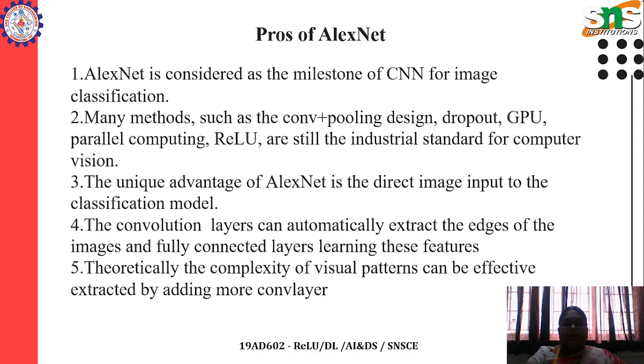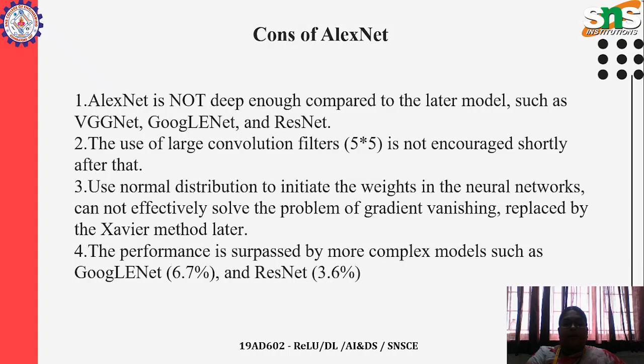Theoretically, the complexity of visual patterns can be effectively extracted by adding more convolutional layers. One of the cons is that it is not deep enough compared to other models like VGG, GoogleNet, and ResNet. These two, ResNet and VGGNet, I'll be discussing in my next lecture series, so do watch that.